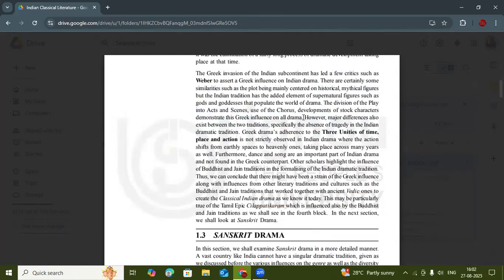However, major differences also exist between the two traditions. So even though we have some similarities, there are major differences. What are they? Specifically, the absence of tragedy in the Indian dramatic tradition. We do not have a tragic.